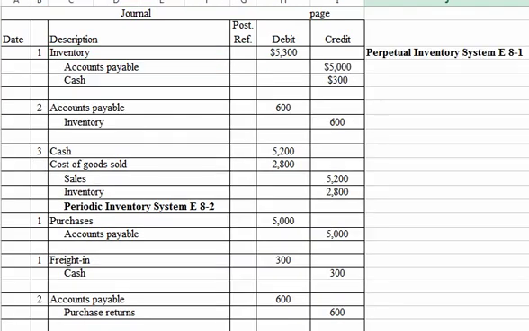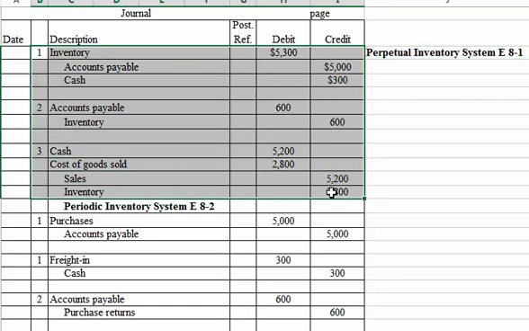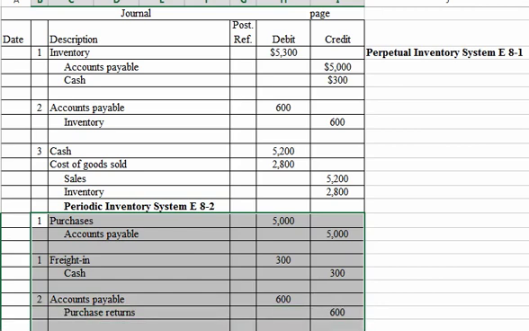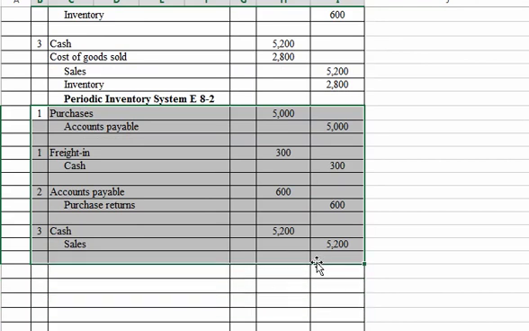I couldn't get that to fit above. Up here we got the perpetual inventory system, exercise 8-1. That's these transactions. And then down here we have the periodic inventory system, that's exercise 8-2. And that's these transactions. Some not so subtle differences there. Some similarities too. But I don't think you'll have any trouble working those two exercises in the Connect Plus. Okay, thanks.